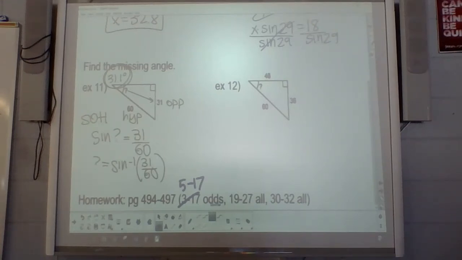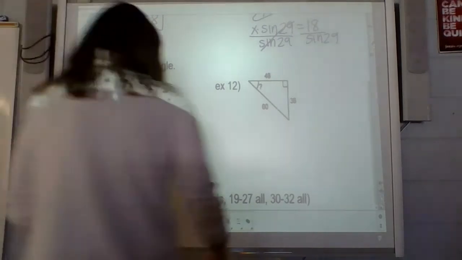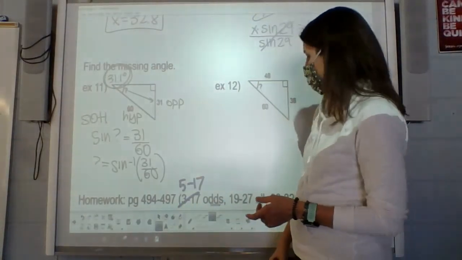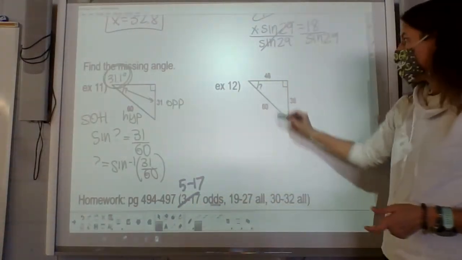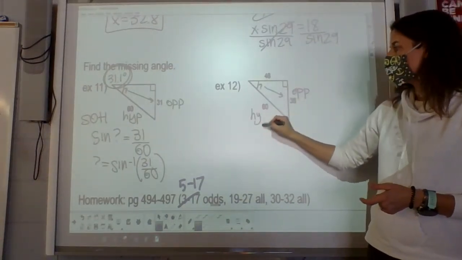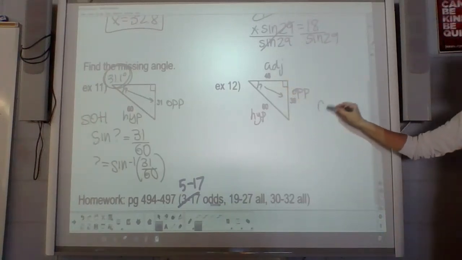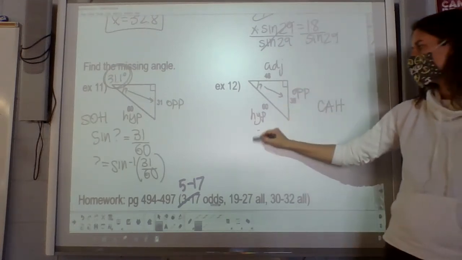And then the last one gives you all three sides, so we have to determine which one we want to use. I'll try to just use cosine. We haven't used it recently yet. So this is the opposite, hypotenuse, and then adjacent. Again, because I can use whatever one I want, I'm going to use cosine this time. Adjacent and hypotenuse.